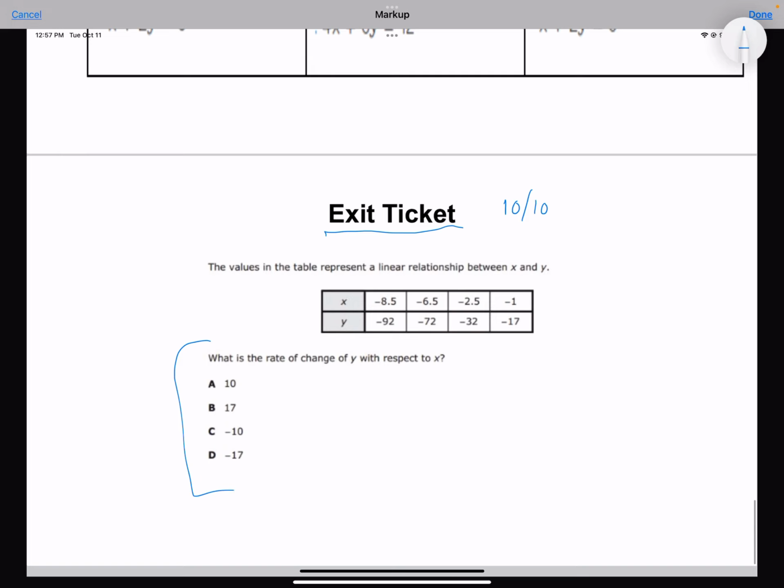Okay? So for your assignment, which I'm going to scan and attach to an email, I don't know if I'll send it with the link to the video, or I'll send it separate. It's going to be 20 questions.